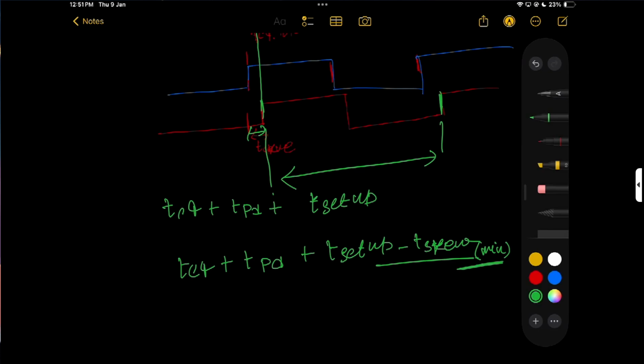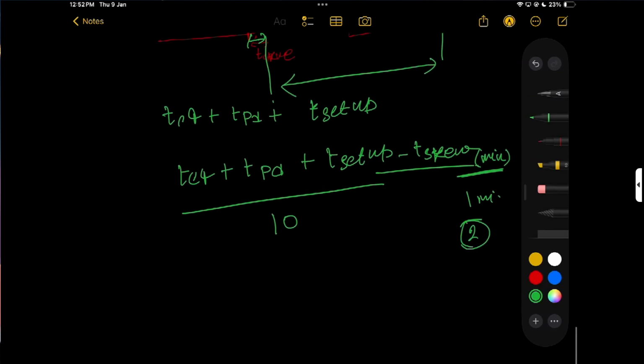Otherwise, suppose this is 10 nanoseconds total. T skew minimum is 1 and maximum is 2. Suppose you take 2 as the maximum, so what will the clock be? 8. Your T clock is greater than or equal to 8 nanoseconds.